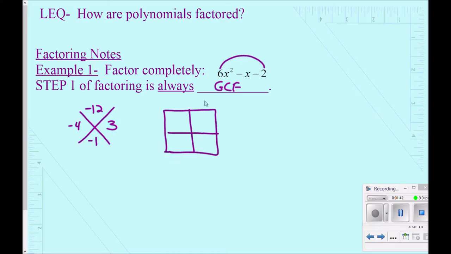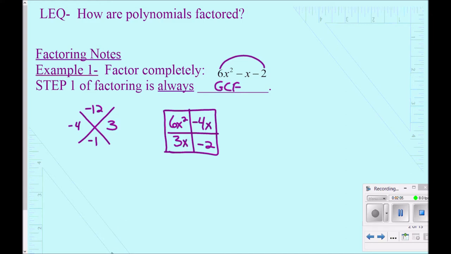In the generic rectangle, we put the first term in the first box and the last term in the last box. The other 2 values from our diamond, -4 and 3, go in the other 2 boxes, and the order there doesn't matter. I look to my middle term, it's an x, so I know I need to put x's with those. Whatever that variable is goes with those numbers.